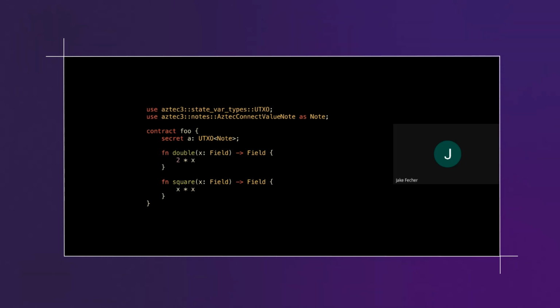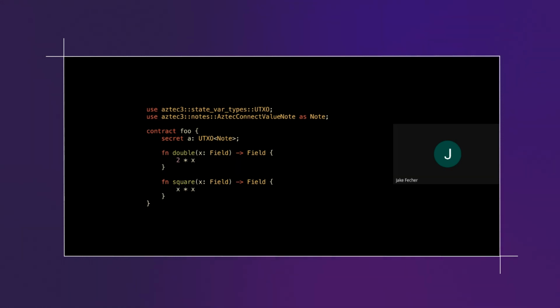We're still picking out what exactly these keywords should be for visibilities, if we need all four that Solidity has as well. But for now, we have public and then secret, to distinguish it from the normal private visibility you have in programming languages, which controls what you can import from modules. To distinguish those two, we call the private contract ones secret instead of private. But yes, there will be visibilities.